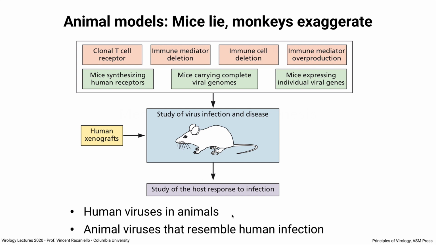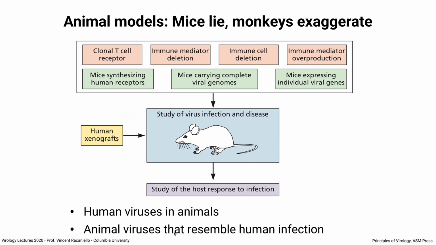But not all human viruses infect mice, in which case sometimes we work on animal viruses that resemble human infections. We find viruses that naturally infect mice, for example, that are related to viruses in humans, and we can use those to make observations and see if they parallel what happens in humans.